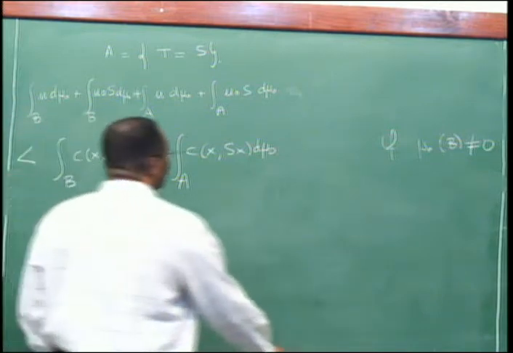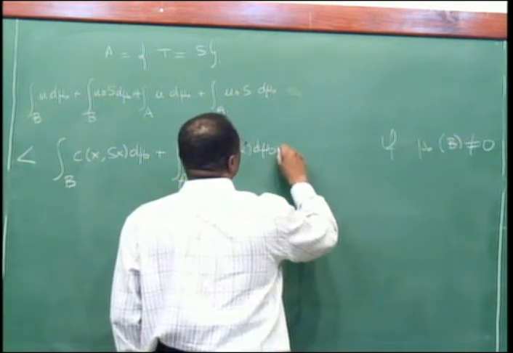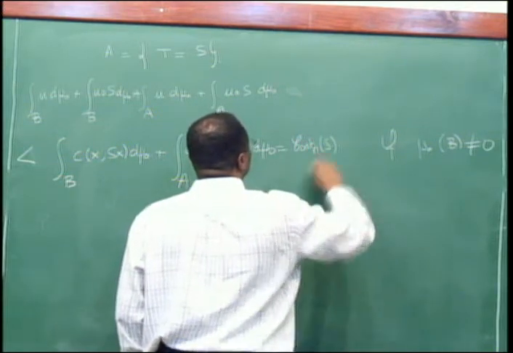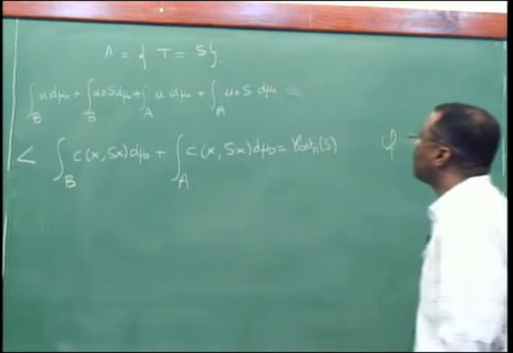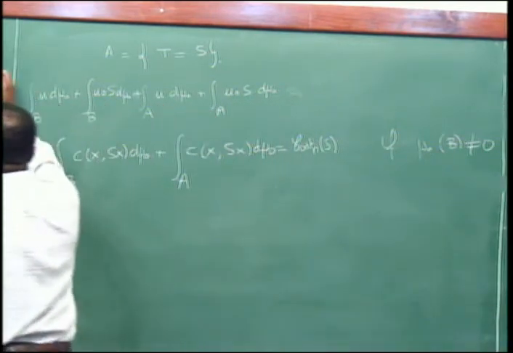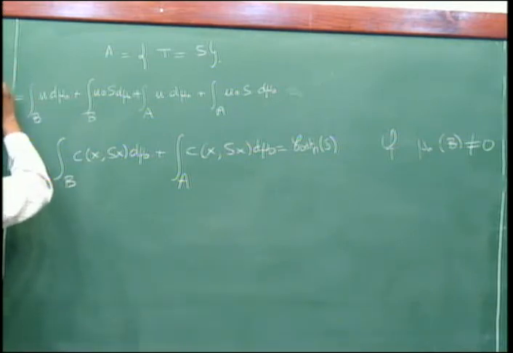But this is the Monge cost of S. And that is J of (U, V).